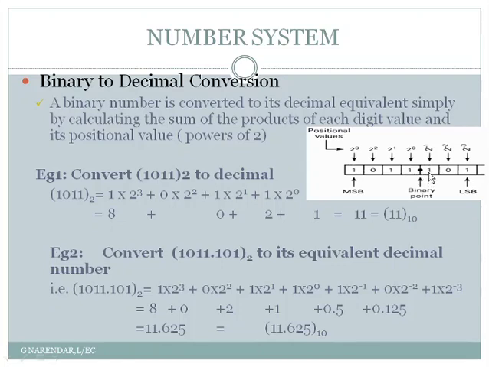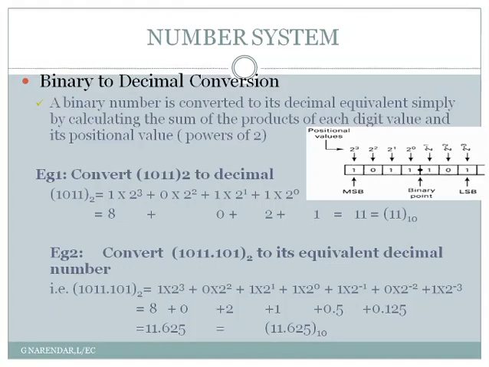Towards the right side, the positions have position values of 2 power minus 1, 2 power minus 2, 2 power minus 3, and so on. Towards the left of the binary point, the positions have values of 2 power 0, 2 power 1, 2 power 2, and 2 power 3. For this number, the MSB position has a position value of 2 power 3, and the LSB has a position value of 2 power minus 3.